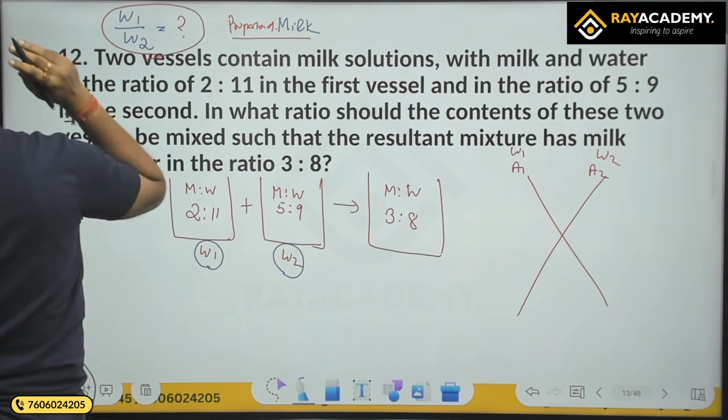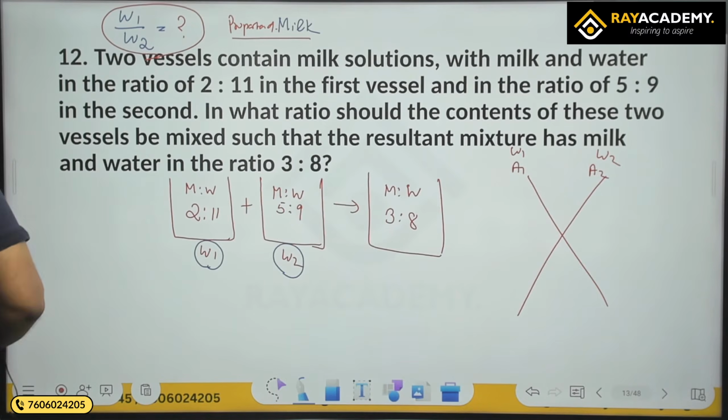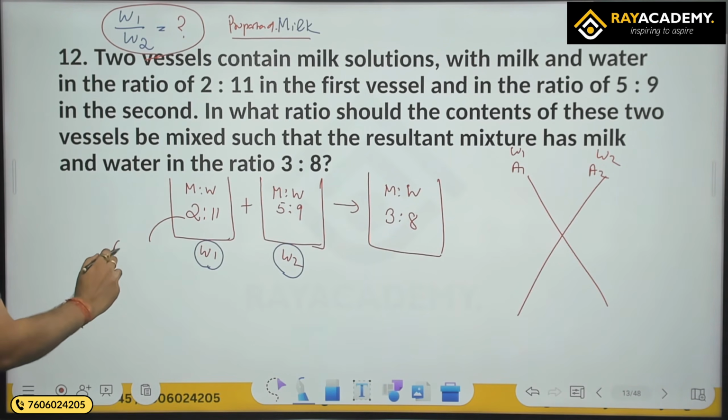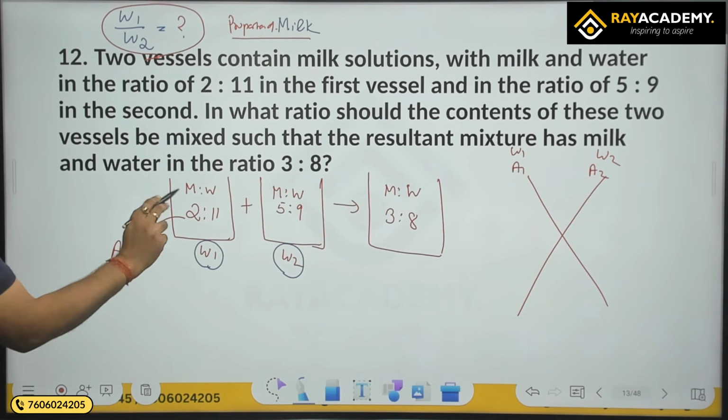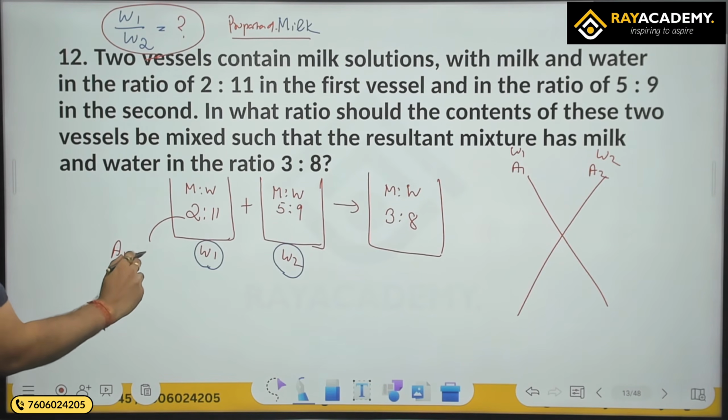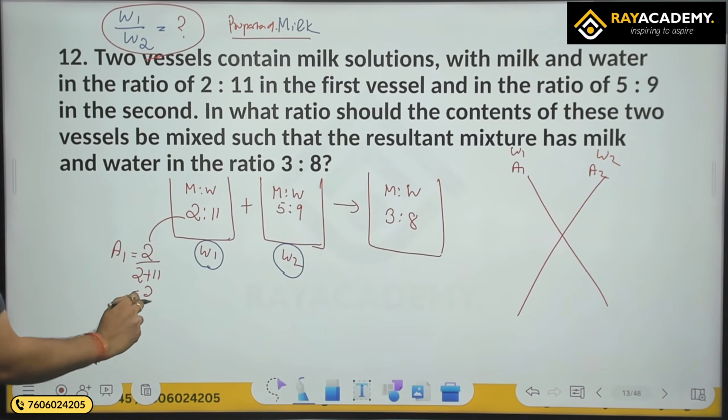You can do it by taking the proportion of water also, no issue. Anything you can take. So in this, what is A1? A1 is the proportion of milk in that vessel. So that will be 2 divided by 2 plus 11. So that is 2 divided by 13.